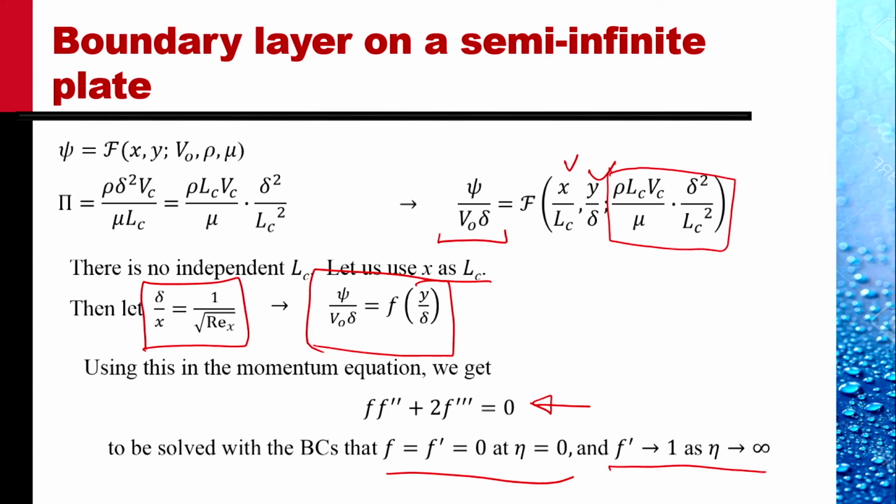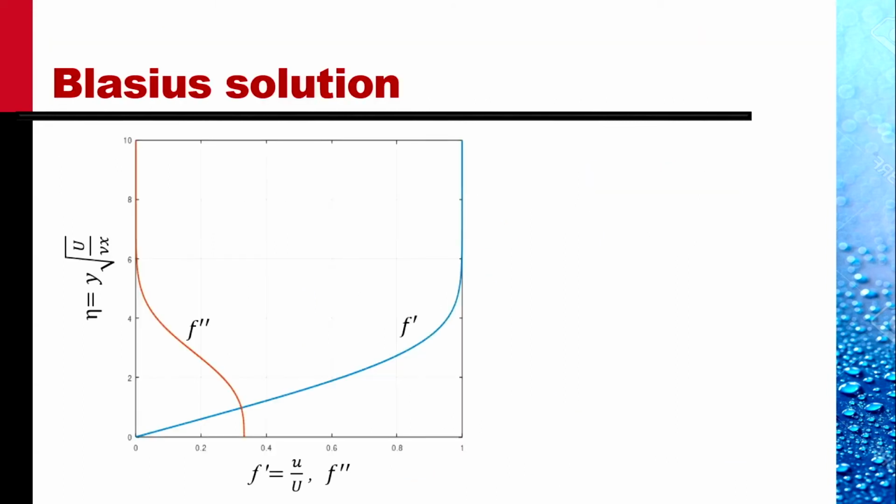Today, using MATLAB, this solution can be obtained in a fraction of a second with a small program, a program of less than 10 lines. You can solve this, and this is the solution that we get. f prime, which represents the velocity u divided by V naught, is a function of eta.